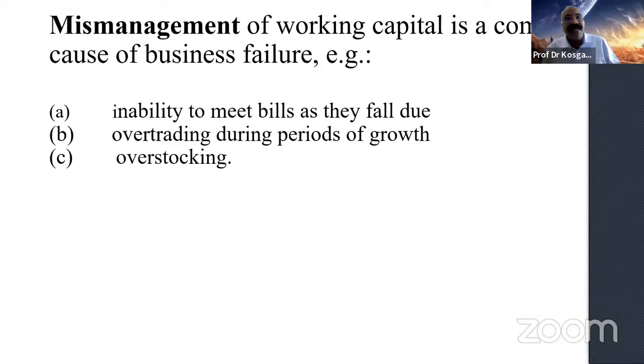If it has to be maintained at a particular temperature, that is another cost. And overtrading. What is overtrading in finance? Before you get your inventory, you start selling the product. How can you do that? You don't have things to sell.